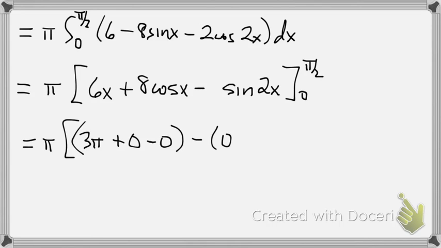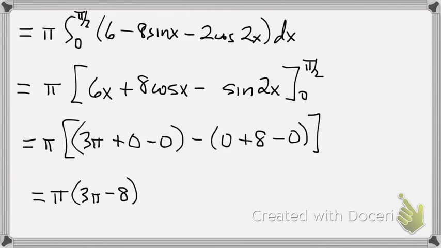Minus, that's going to be 0 plus 8 minus 0, because cosine of 0 is 1, sine of 0 is 0. So we wind up with a volume of pi times 3 pi minus 8 cubic units.